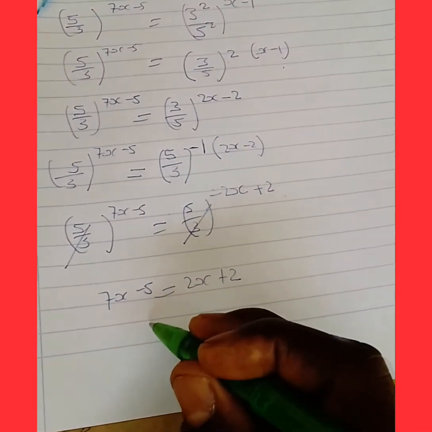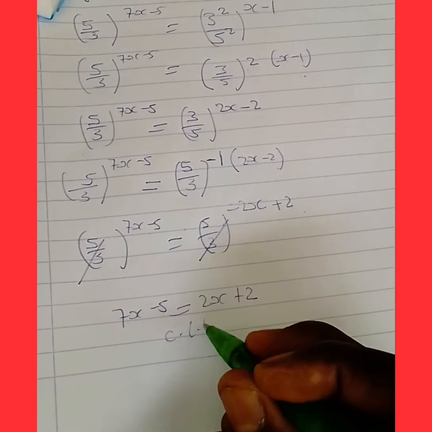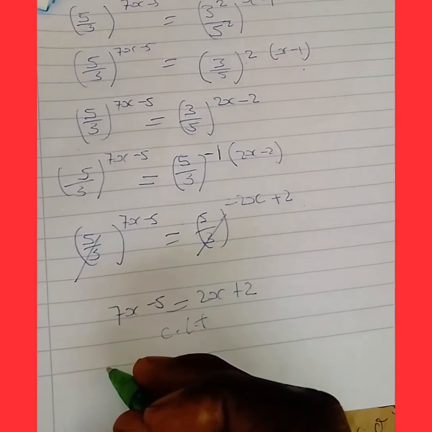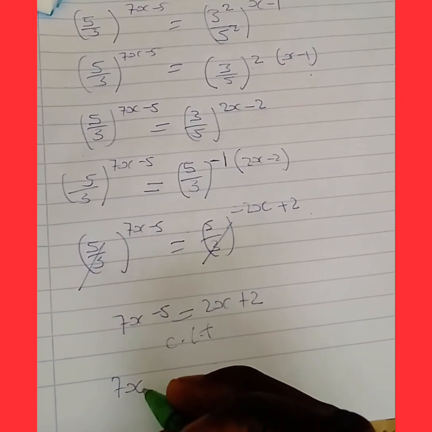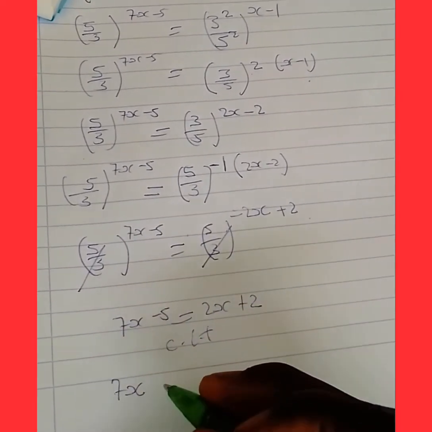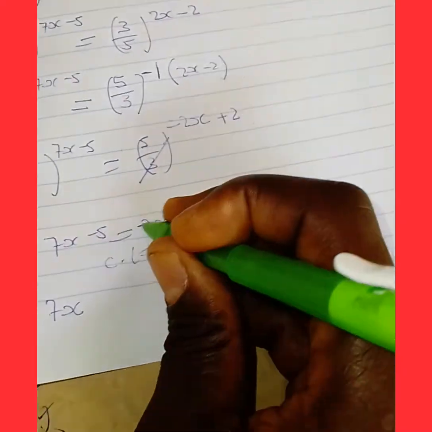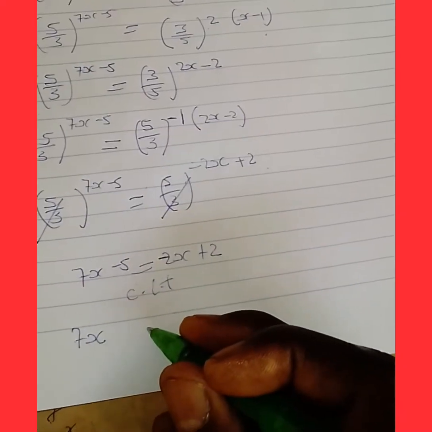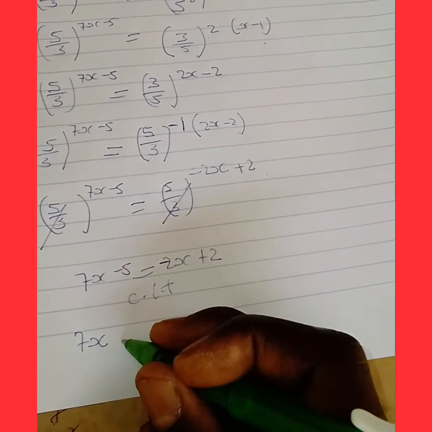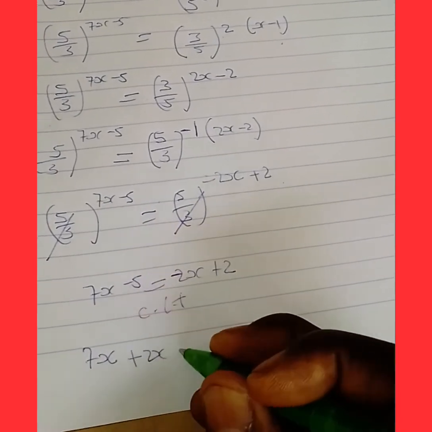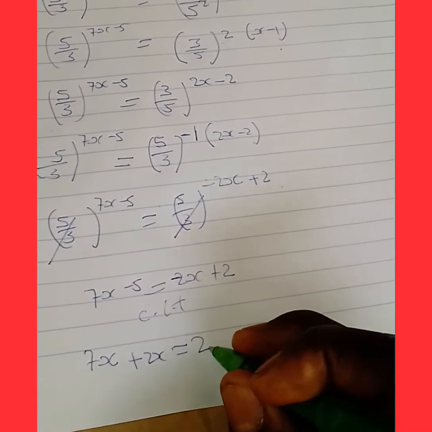I will now collect like terms. Where we have 7x, this should be minus 2x, sorry for that. If you bring the minus 2x here, it will change to plus 2x. And you write your equals sign, equals to 2.